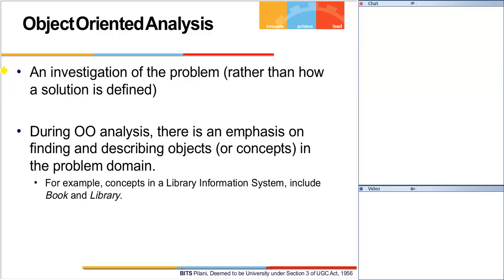In the analysis stage, we are only trying to find out the real world objects that exist in the given problem domain. And mind you, it's very important to understand what we are doing in the analysis phase, because there is a UML diagram called the domain model, right? When you are asked to draw a domain model, you have to identify only the domain objects, which are the real world objects.